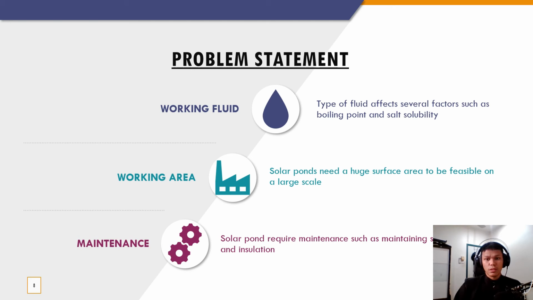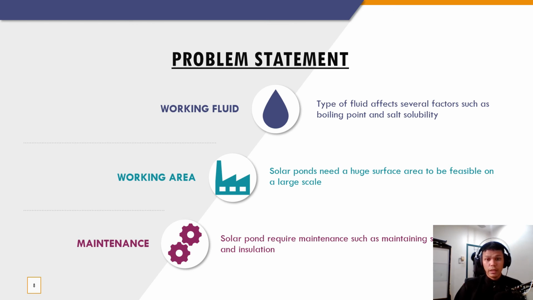If we were to choose a different type of fluid, such as cooking oil, another abundant type of fluid, it has a much higher boiling point compared to water, around 300 degrees Celsius. While this may be a good thing, oil is less dense than water and it will tend to float, no matter if the water is saline water or fresh water.